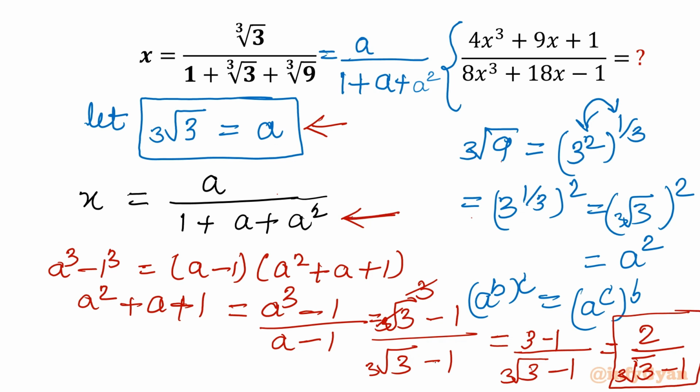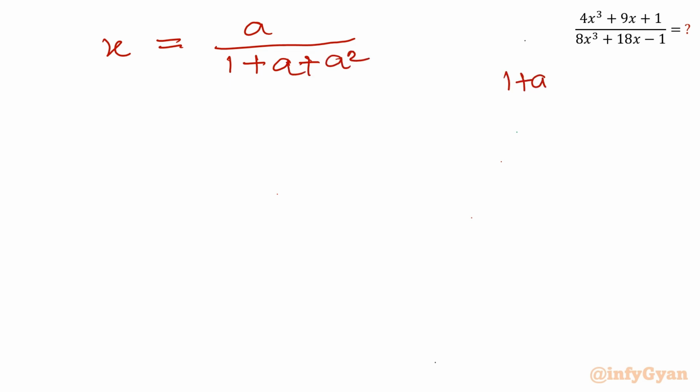Now I will put this value here. So x will become a over 1 plus a square, and what we calculated, 1 plus a square, is 2 over cube root of 3 minus 1.